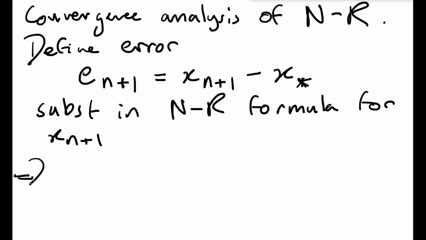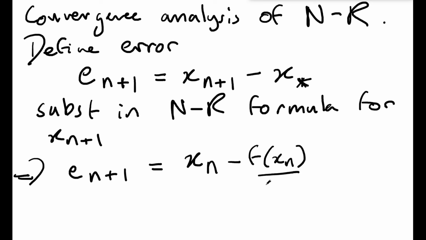That implies your error n plus 1 equals xn minus f of xn over f prime of xn, minus x star.